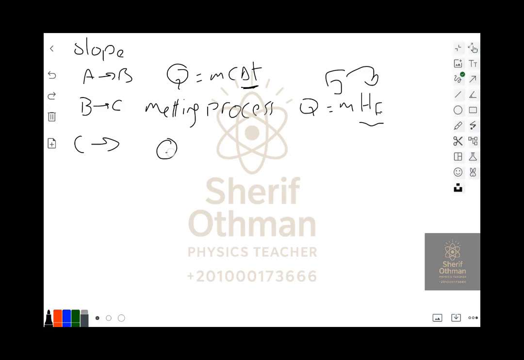So Q equals mcΔT. At D, we reached the boiling point. So from D to E, all of the heat added to water is consumed in the process called evaporation. So again, we need another rule.